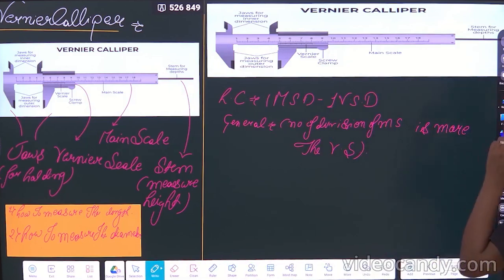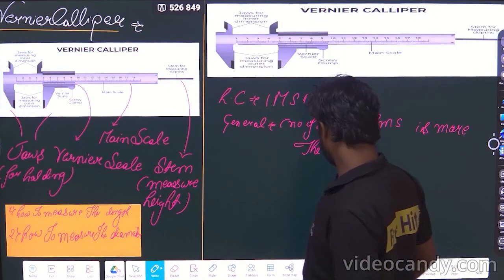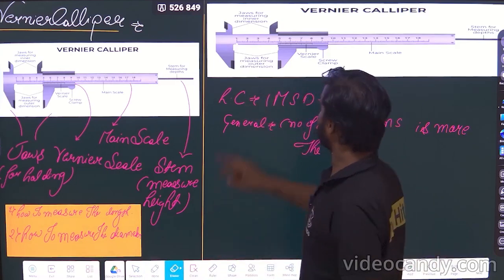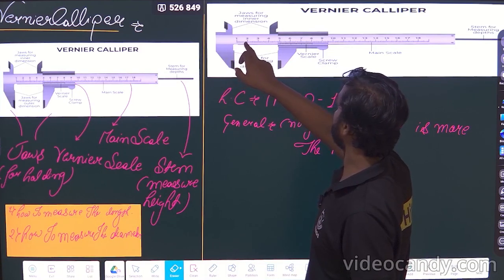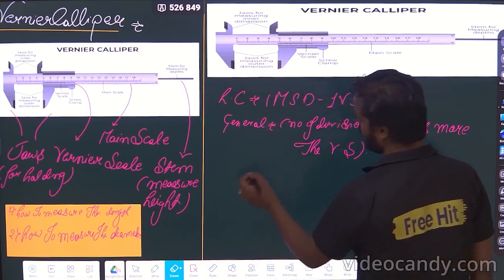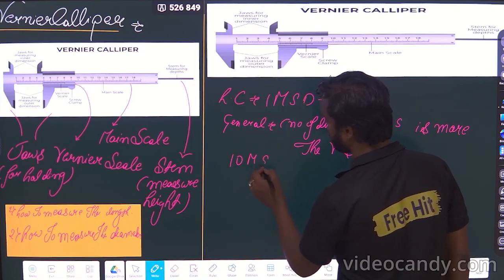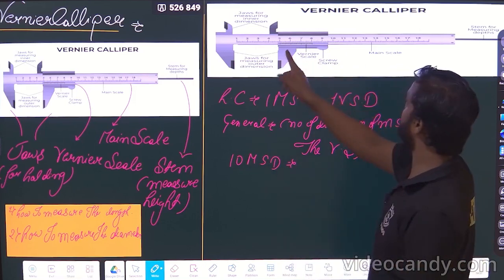Okay, if you see here in this scale, there is 0 1 2 3 4 5 6 7 8 9 10, total 10 main scale divisions is equal to how much in the vernier scale?